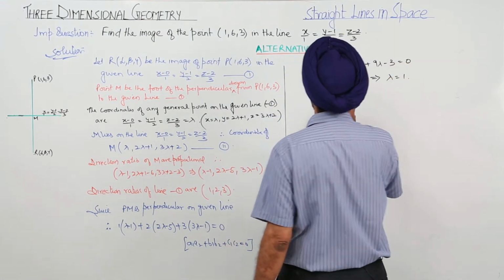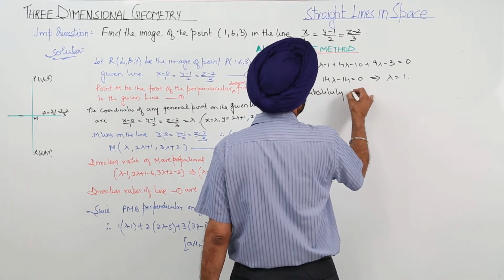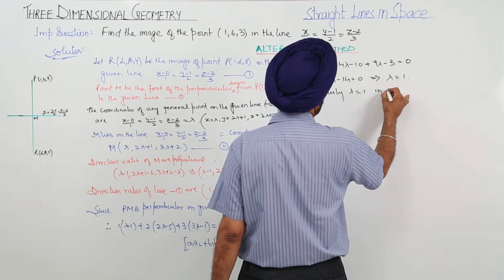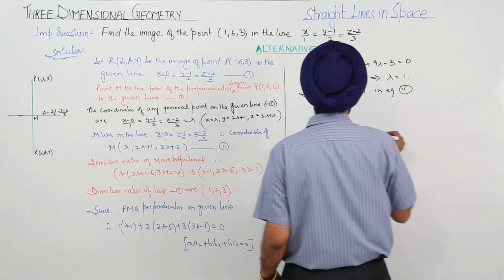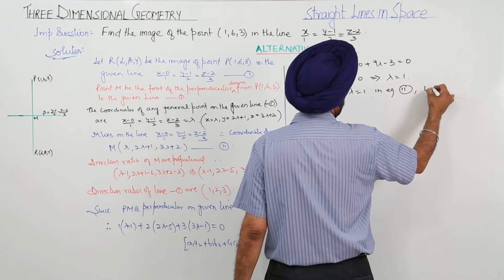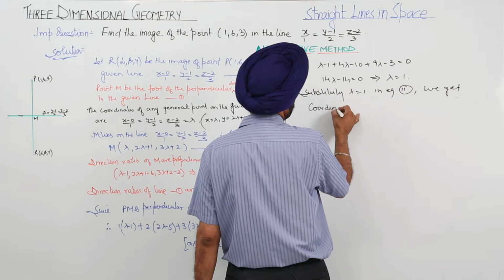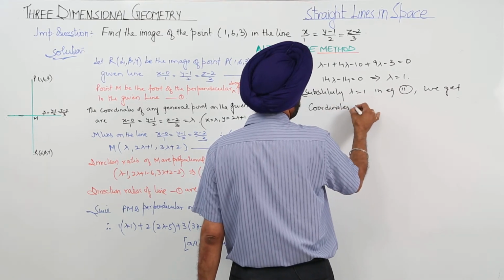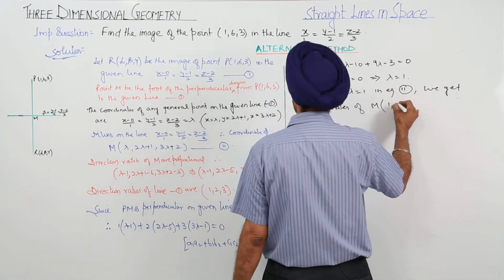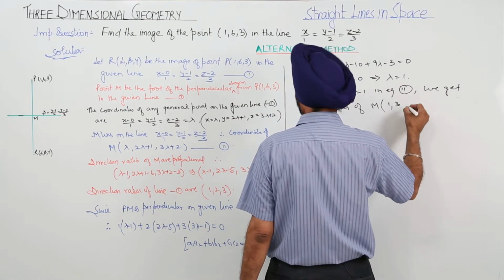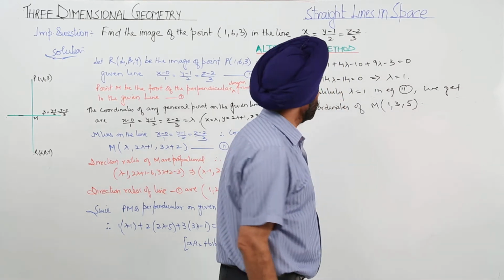Now substituting lambda is equal to 1 in equation 2, we get the coordinates of M as 1, then 2 times 1 plus 1 is 3, 3 times 1 plus 2 is 5.